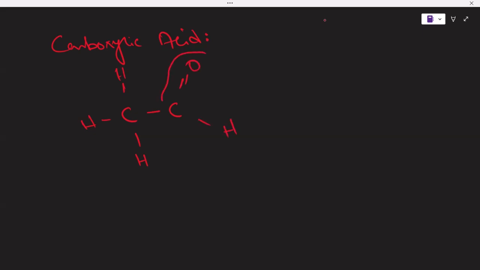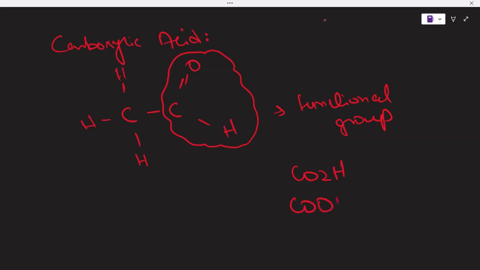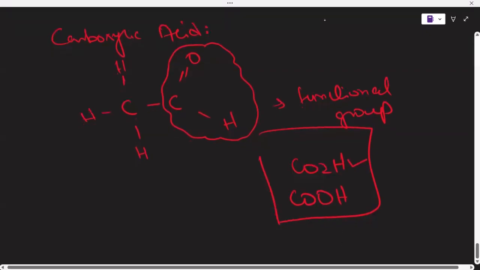So this part here is the functional group of carboxylic acid. This is also written as CO2H, or you can also call this COOH. Anything works. Usually this is the most preferred method, but you can also write it the other way. So this is carboxylic acid.